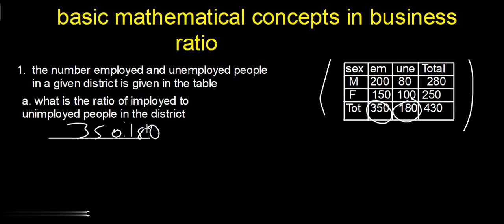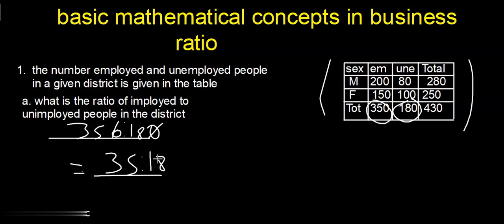I can also simplify this. Cancelling these two zeros, it will be 35 ratio 18. So this will be your ratio for this specific example, and your answer will be 35 ratio 18.